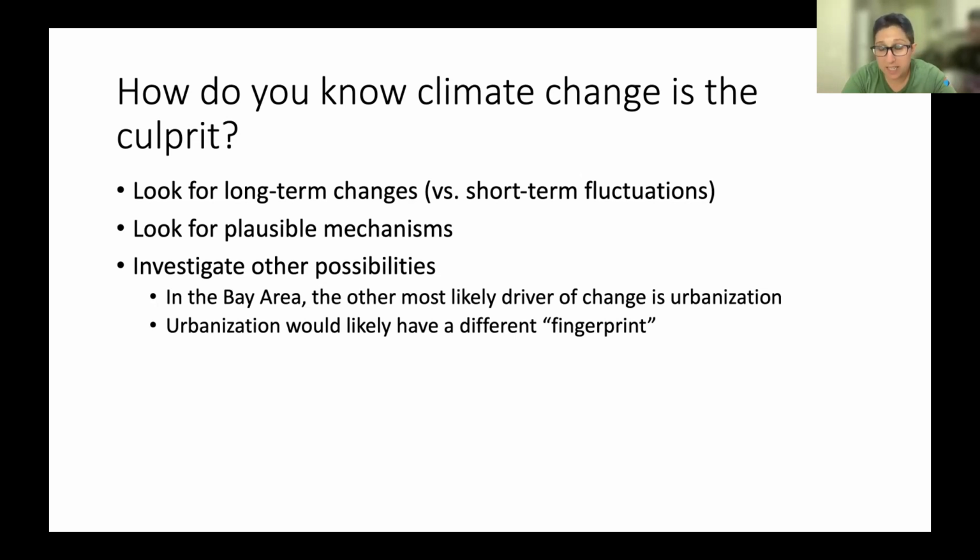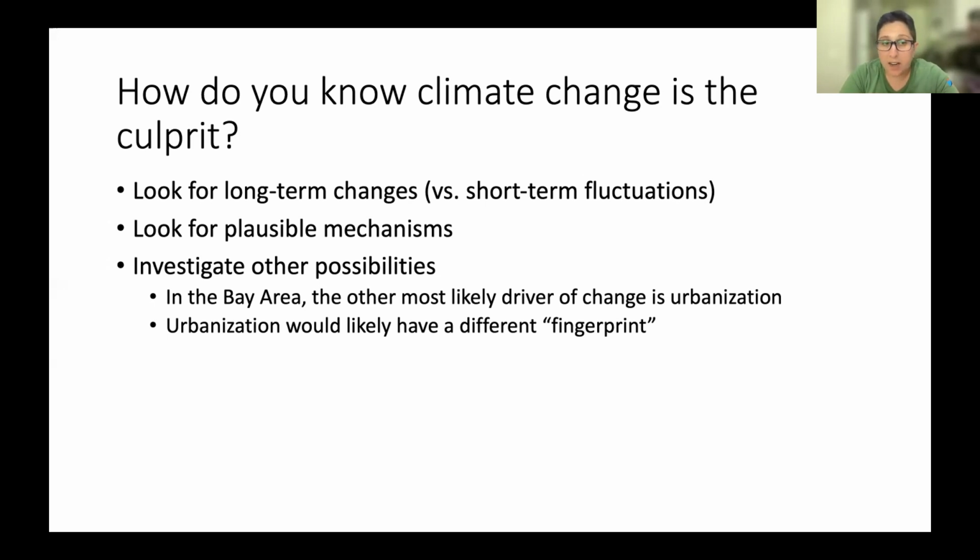Look for plausible mechanisms. So, a failed breeding season, if you know that they had phenology mismatch with those caterpillars and they missed the caterpillars, that's a good mechanism where you can say it looks like this was climate change. If you are finding dead birds that seem to have inhaled toxic gases, that's a good mechanism.